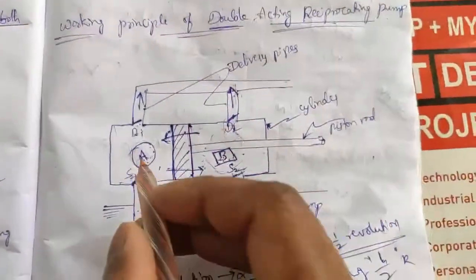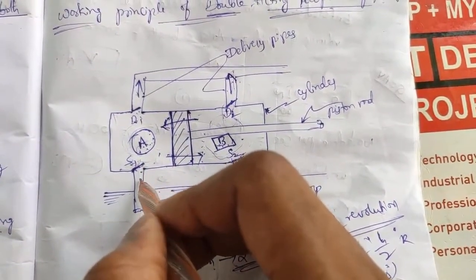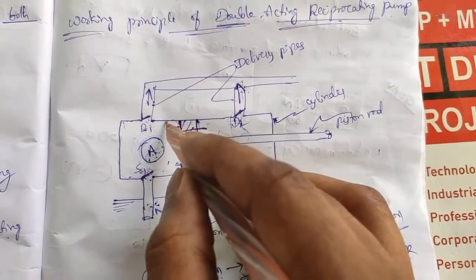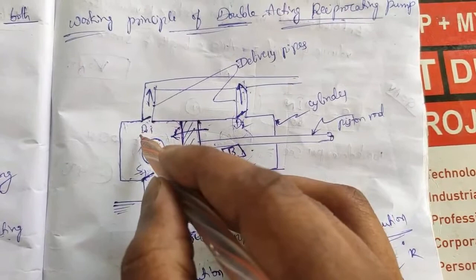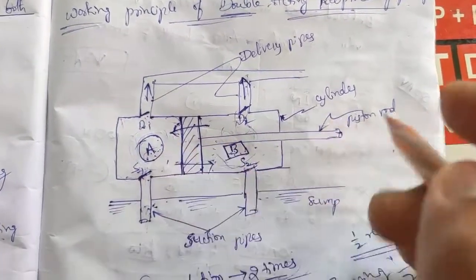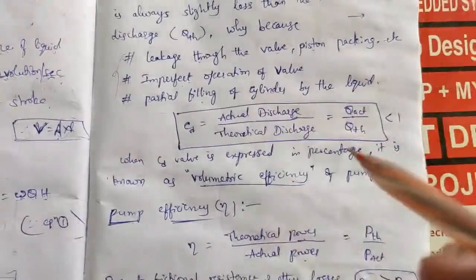In theory, the total water is sucked into the cylinder and fills the cylinder entirely. But in actual practice, the water does not fill the entire cylinder space. So that is the partial filling of the cylinder by the liquid.